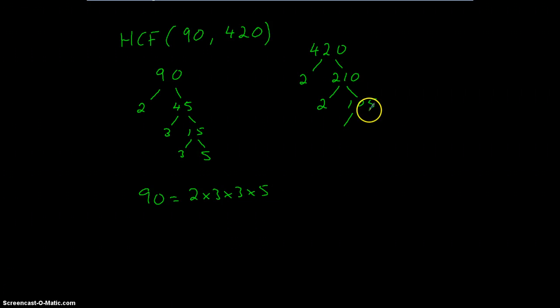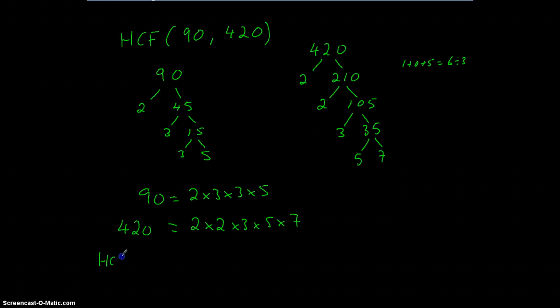Now 105 isn't even, but we notice that 1 plus 0 plus 5 equals 6, which is divisible by 3, so that means 105 is divisible by 3. So let's divide 105 by 3, which is in fact 35, and the prime factorization of 35 is 5 times 7, so 420 can be written as the product of the prime numbers 2 times 2 times 3 times 5 times 7.